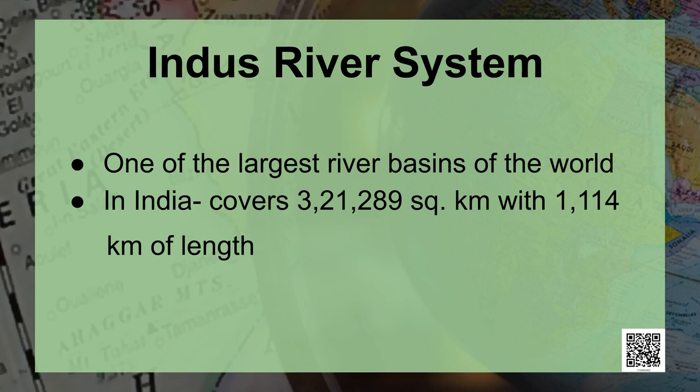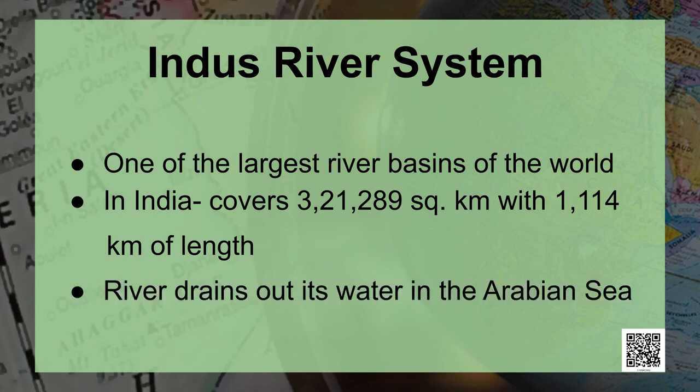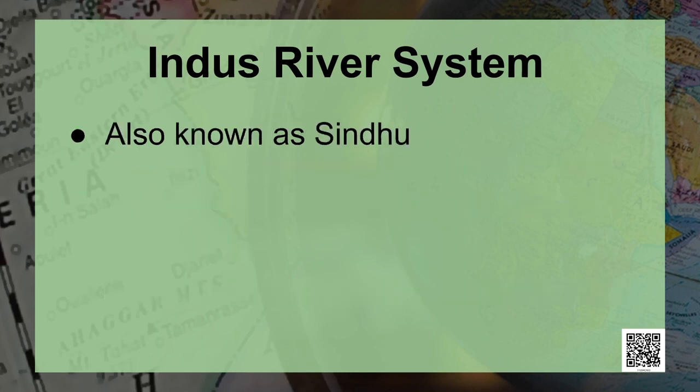In India, the Indus River covers an area of 3,21,289 square kilometer with 1,114 kilometer of length. Do you know in which other country the Indus River flows? Yes, it is Pakistan, and the Indus River drains out its water in the Arabian Sea.